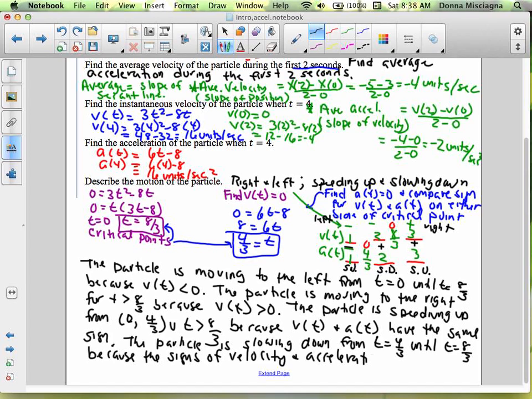So add this to your notes, including the average acceleration. I wanted to highlight the difference between average velocity and average acceleration, and how to describe the motion of a particle. So here we have a complete analysis of the motion, including direction and speeding up and slowing down.